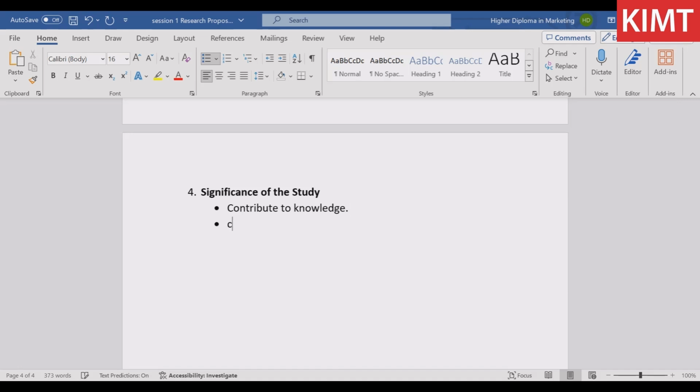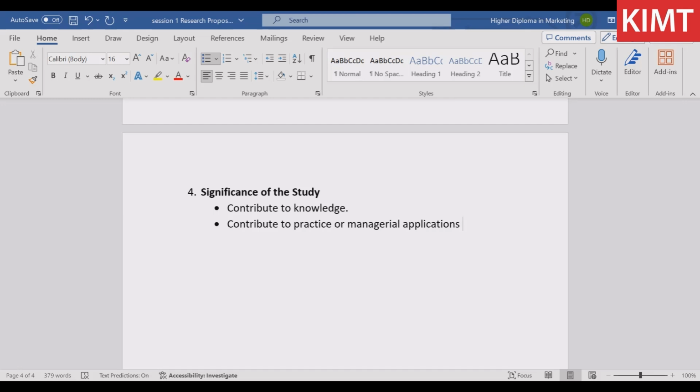The second part is called contribution to practice, or we call it managerial applications. Actually, the second part you can easily write. You can say your research one day will be a decision-making supportive tool for different managers.